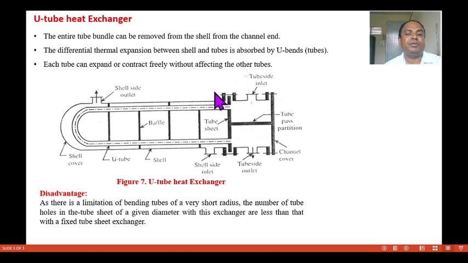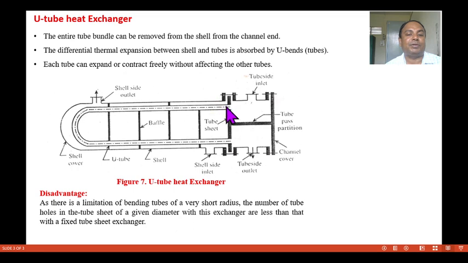Whenever there is a flange support, that is, when the tube sheet is clamped in between shell and channel, then the differential thermal expansion that occurs between shell and tube is absorbed by the U bends that these tubes have.